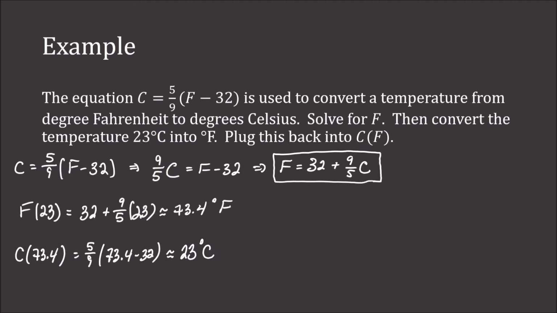Now this is interesting, because you see that if we plug F of 23 into C, we got 23 back. So it seemed that C undid the F transformation. And that is the general idea of an inverse function.